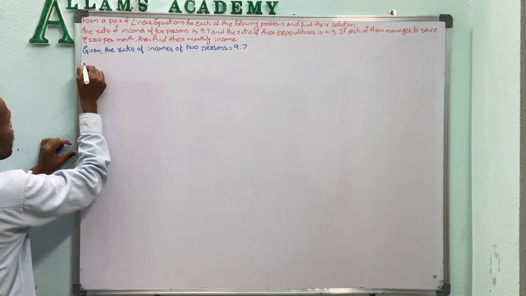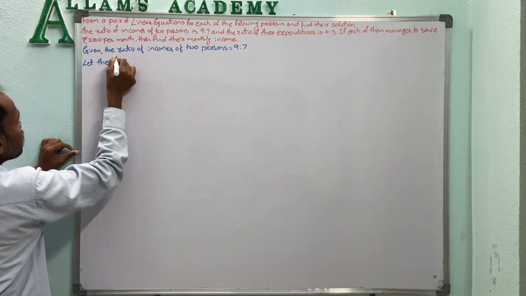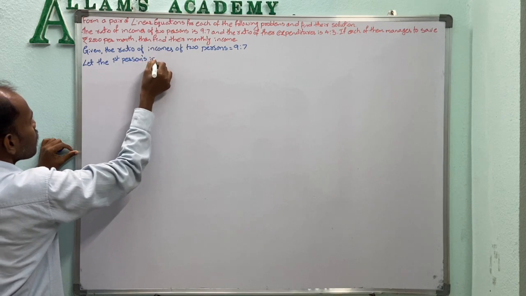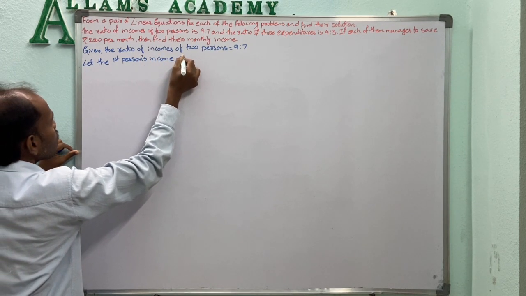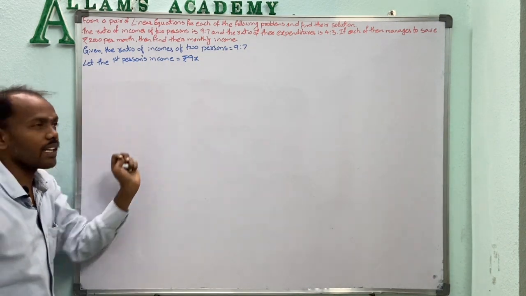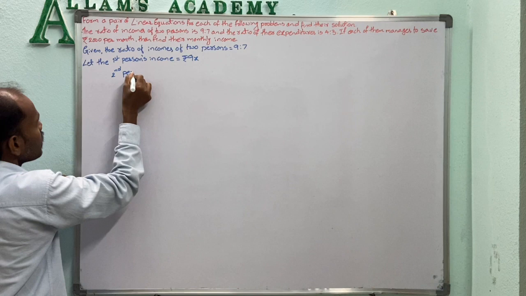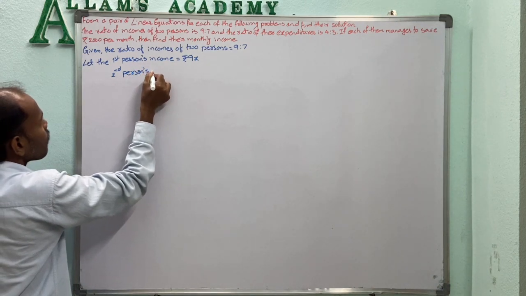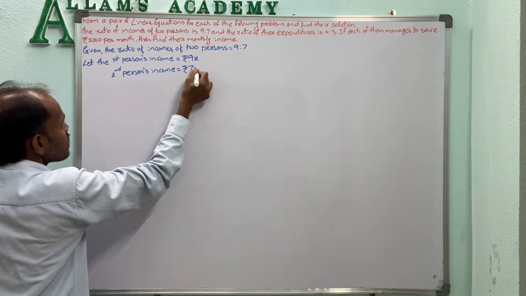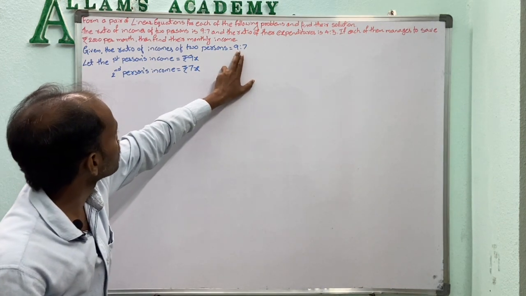So we are taking, let the first person's income be 9x rupees, then the second person's income be rupees 7x.